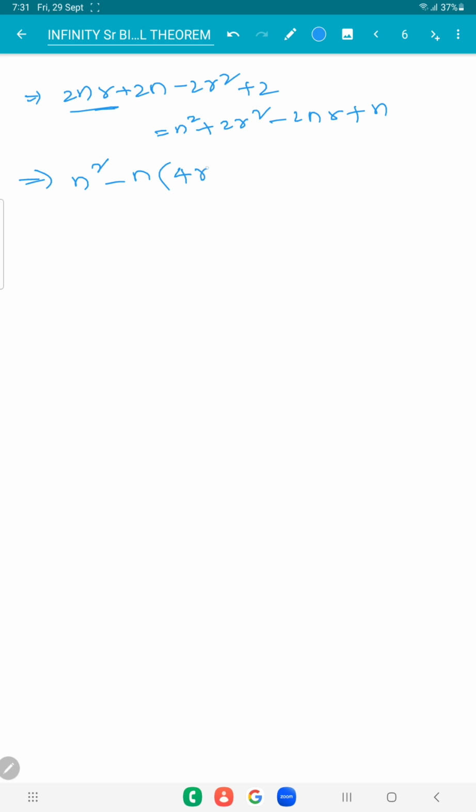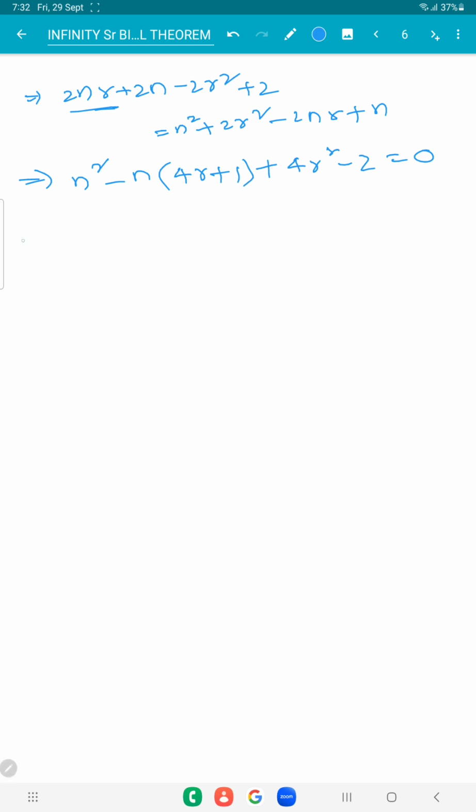We have 4r. 2n is there. If it comes this side, that is minus n. Minus n common. We have 4n plus 1. Remaining terms are 2r square comes here, 2r square plus 2r square, 4r square minus 2 is equal to 0. This is what we need to prove, sir.